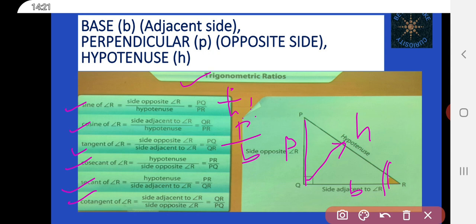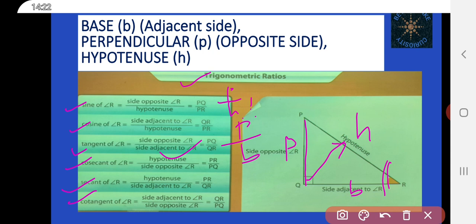Then cosecant of angle R is equal to hypotenuse by side opposite to angle R is equal to PR by PQ. Then come to secant of angle R is equal to hypotenuse by side adjacent to angle R is equal to PR by QR.